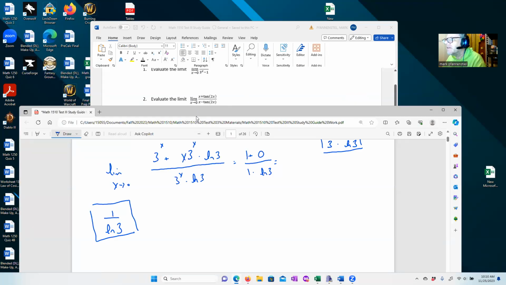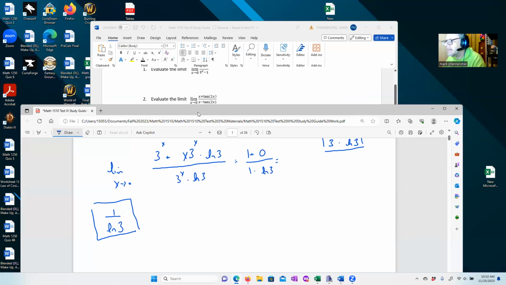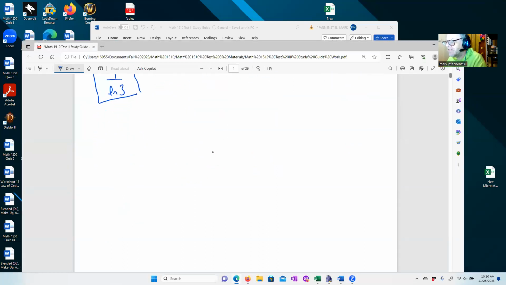So this is x plus tangent 2x, again limit as x goes to 0. So let's go ahead and have a look at that. Limit as x goes to 0 of x plus tangent of 2x divided by x minus tangent of 2x.